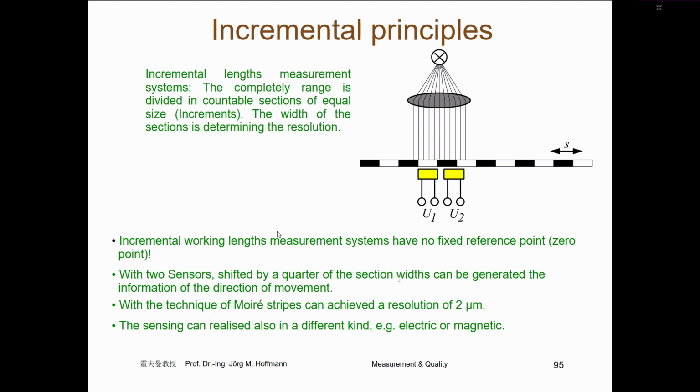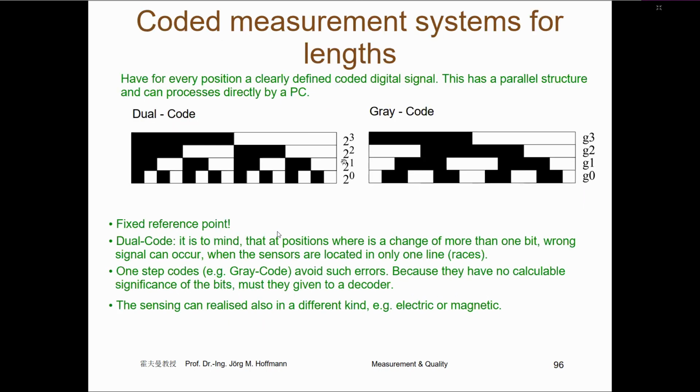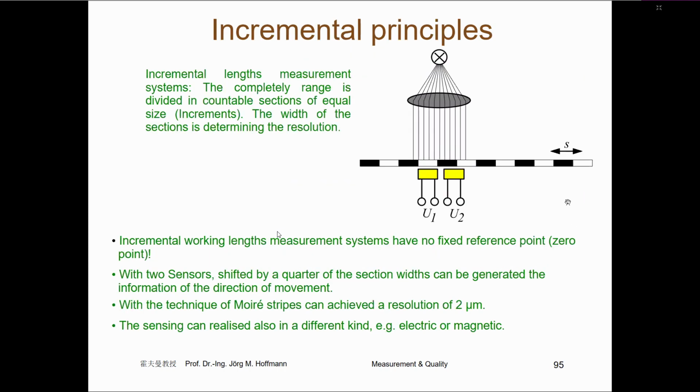We have incremental measurements and we have coded measurements for the length. Both, here we have the incremental and here we have the coded. Both exist in many solutions. You can make it with light, you can make it with contacts, with small switches.